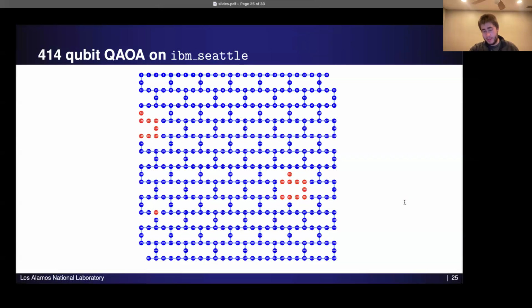Now, the caveat, and the reason that this is last in the slides, is that this device was decommissioned before we had developed our experimental methodology, in particular the transfer learning.